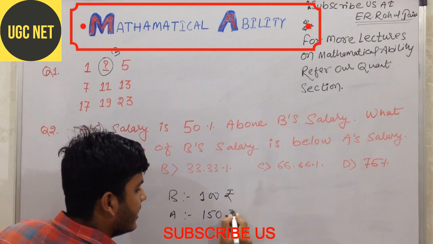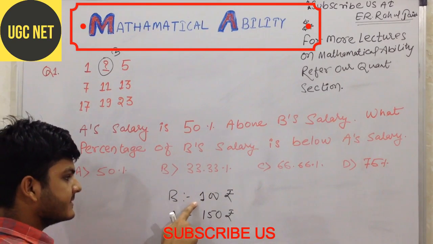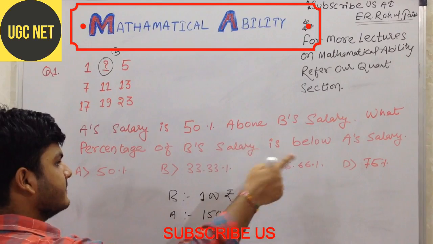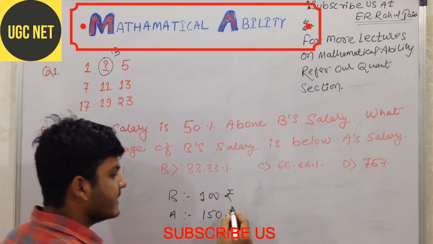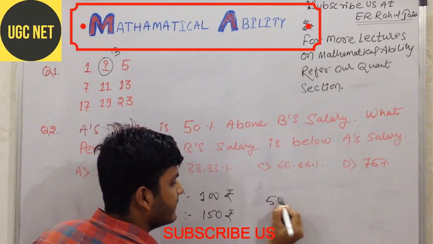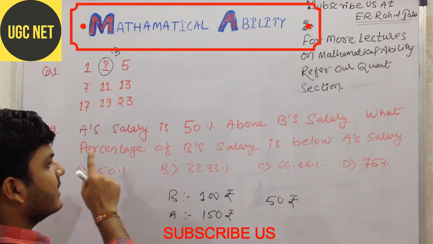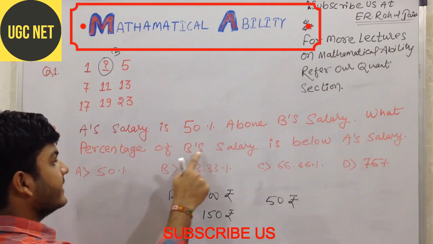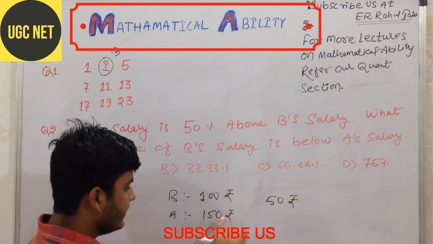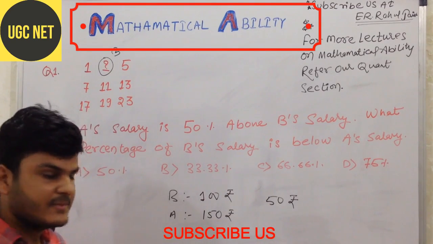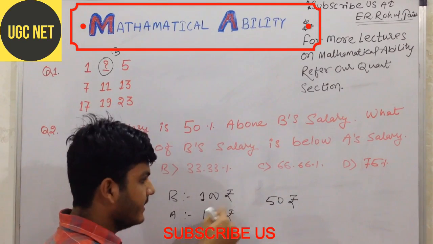Okay. Now the question asks: what percentage of B's salary is below A's salary? Meaning, what is the difference between their salaries? The difference between their salaries is 50 rupees. And in our question it is asked what percentage below. Meaning this 50 out of 150, so what percentage of 150 is 50 rupees?